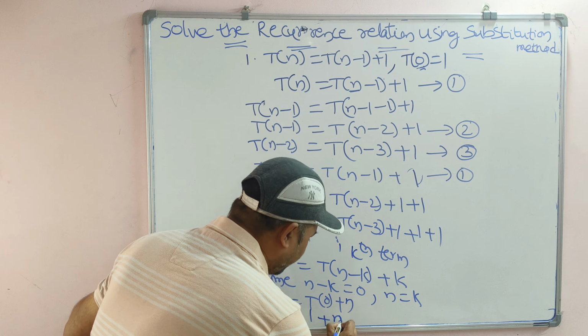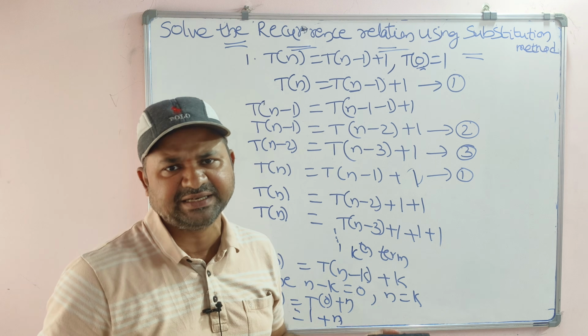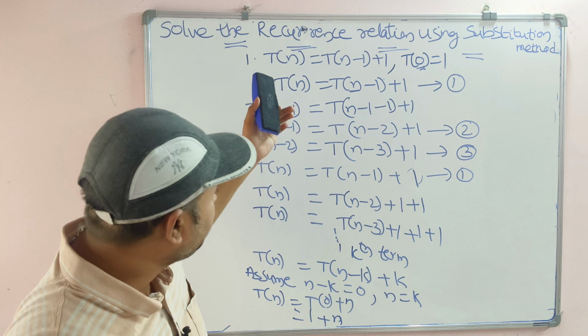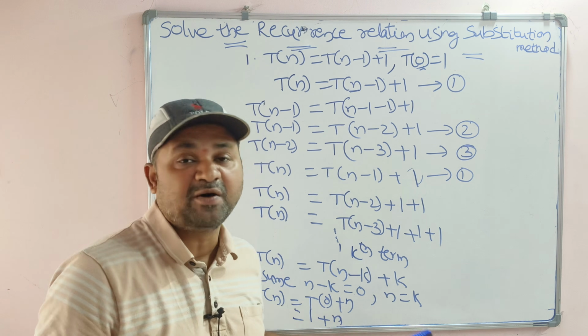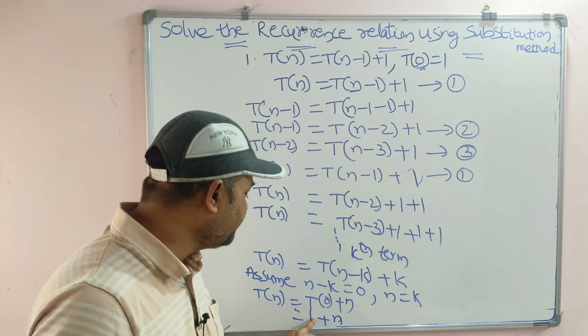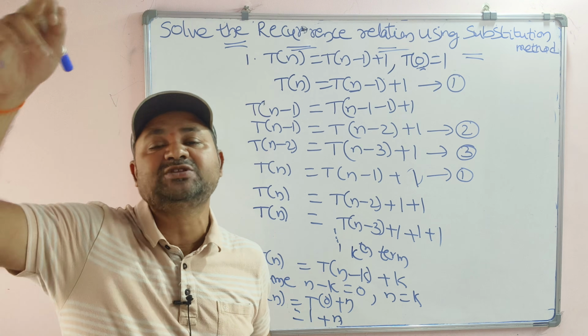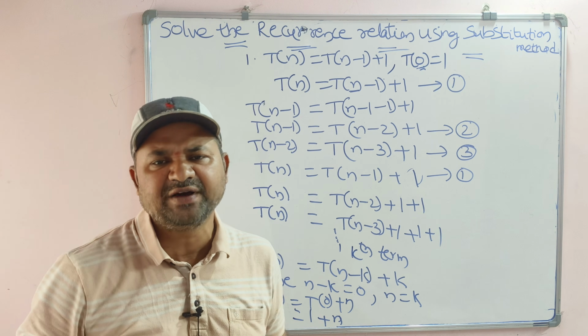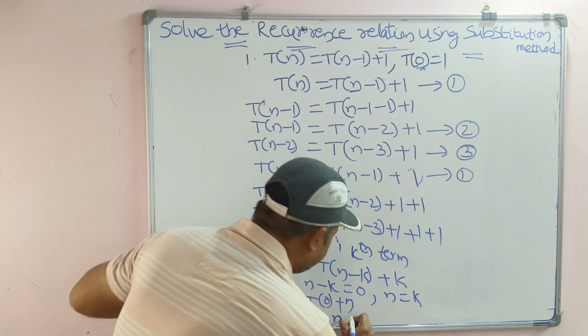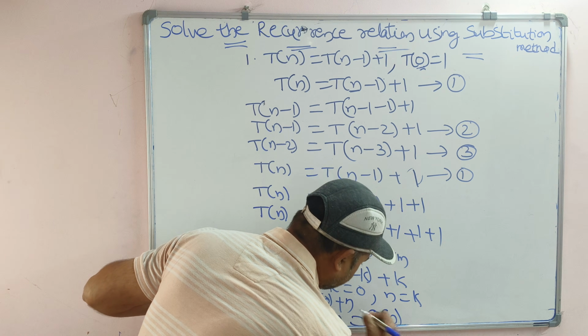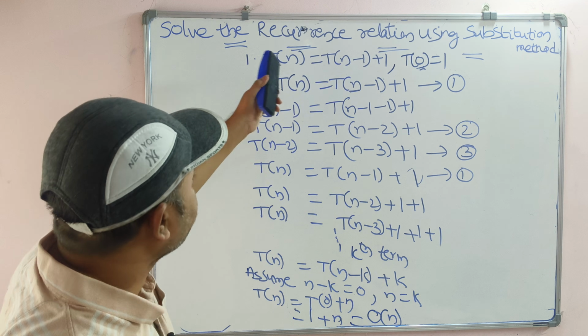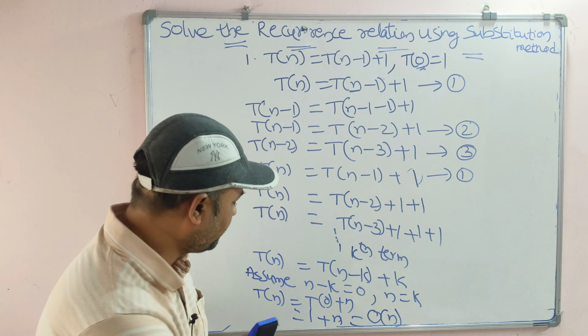While calculating the time complexity, we always consider the higher order exponent. N means n power 1, whereas 1 means 1 into n power 0. Out of 0 and 1, 1 is higher. So we can say that order of n is the time complexity for this problem.